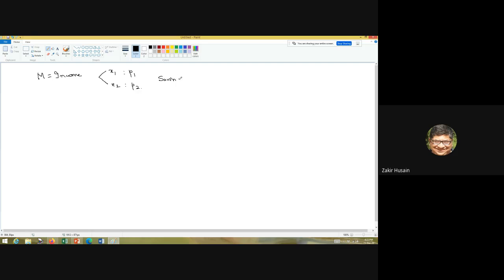Suppose savings is 0. That means he's spending his entire income on X1 and X2. We showed that we can write it this way. This is the expenditure, and expenditure has to be equal to income. Expenditure cannot be greater than income; you don't have enough money. It can be less than income, but we are assuming savings are 0. And this can be represented by a straight line.